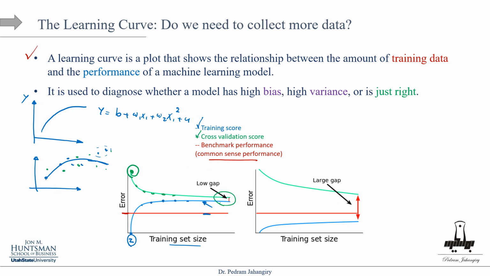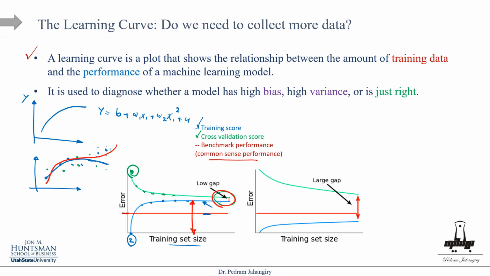Maybe the target was something like this. Maybe the model needs to be polynomial to the degree of 3, right? So that's where you figure out that this distance is high. It's not outbidding your benchmark performance, but they're converging to each other. So it means that you have a high bias problem.